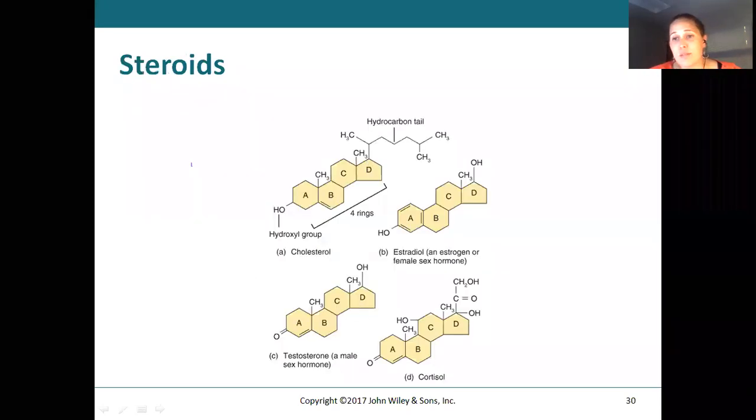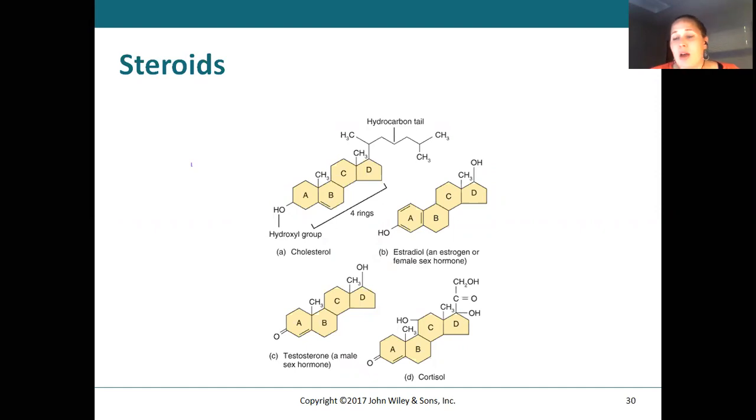Steroids, as we introduced them as well, are signaling molecules that can travel long distances within the body. Here you can see steroid cholesterol, estradiol. Cholesterol actually acts as a signaling molecule, but also acts as a molecule that comprises our phospholipid bilayer, or our layer around the cell.